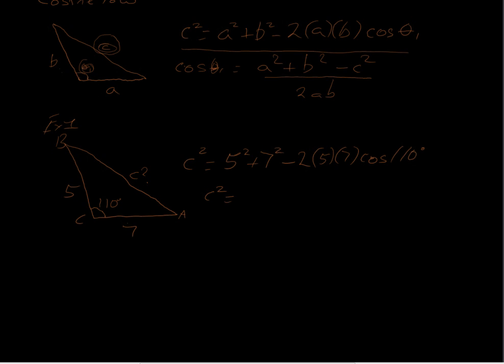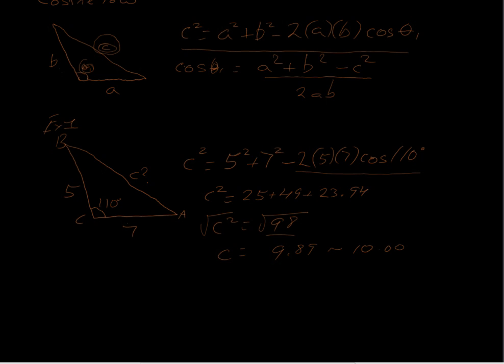Therefore, C squared is equal to 25 plus 49, and if you work all this out, you get plus 23.94. C squared therefore is equal to 98. So of course, to get rid of the square, you're going to square root. Whatever you do to this side, you have to do to this side. So C is equal to approximately 9.89, or 10.